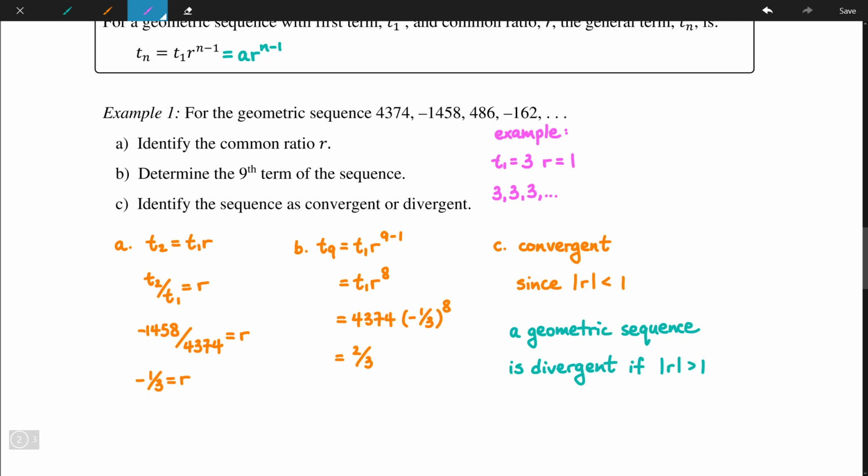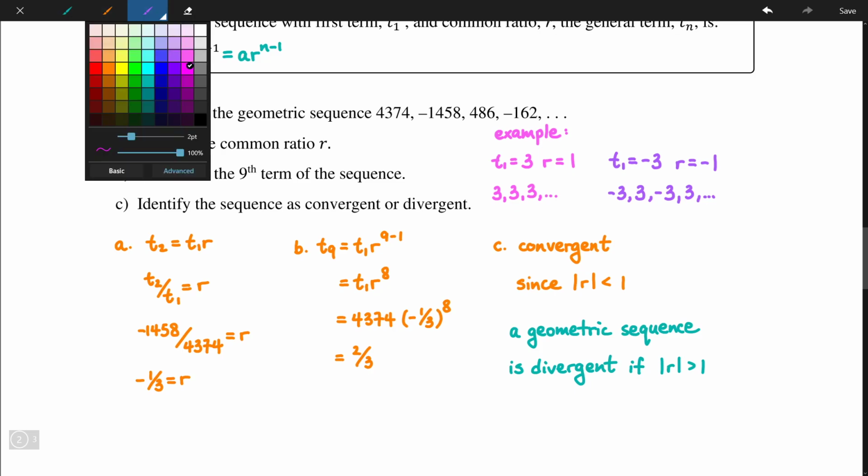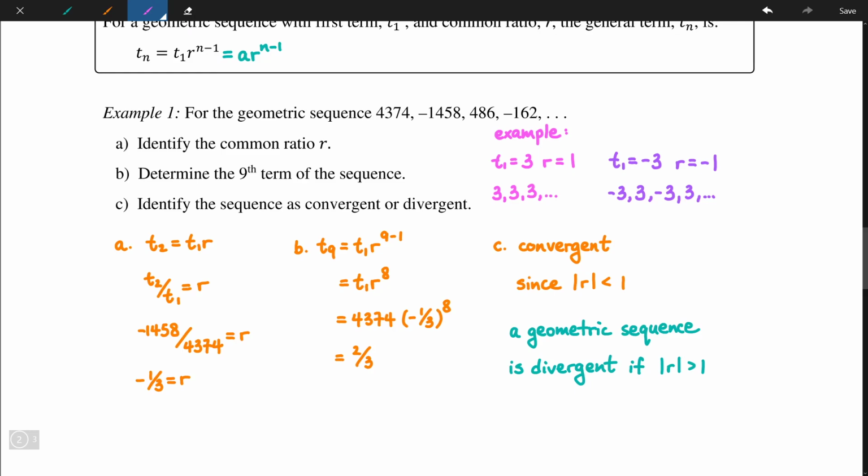Now, likewise, well, that's a little bit different, but let's say if the first term is negative 3, but the common ratio is negative 1, then this happens instead. So we'll have negative 3 as the first term, then positive 3 as the second term, and then negative 3 again, and then positive 3 again. So it doesn't converge to a single value, but it's a predictable sequence, so that's interesting. So a little bonus example here.